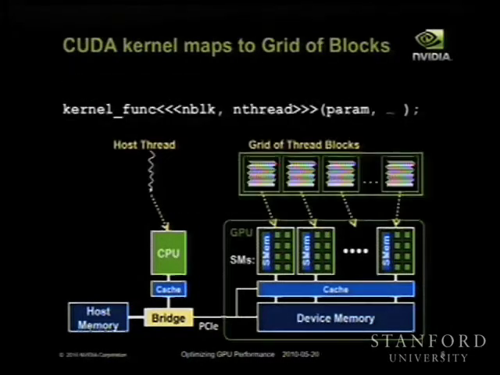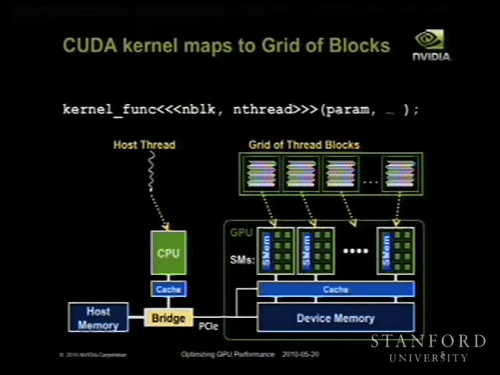And if we look at where functions run, if I invoke a kernel function here with n blocks worth of blocks and n threads worth of threads per block, then the grid of thread blocks executes on the SM streaming processors, and a whole thread block always maps to a given SM, and it runs to completion on that SM.